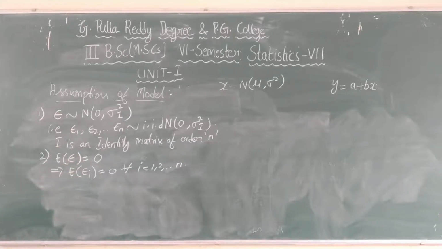Next, coming to the third assumption. The third assumption of the model is the covariance of epsilon i and epsilon j. Covariance always takes two values, the variation between two variables.